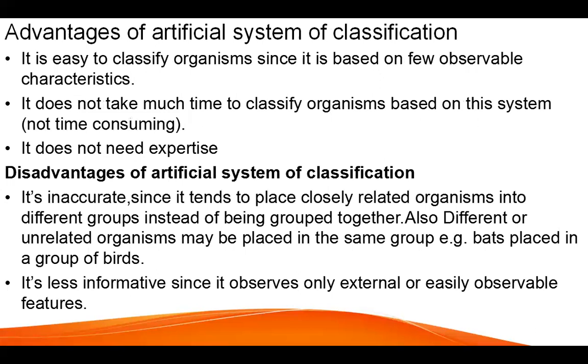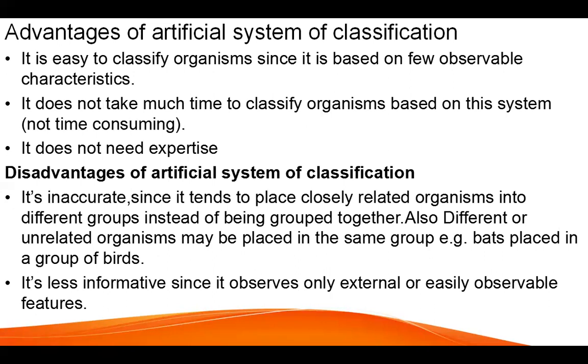The advantages of this type of system are, first, that it is easy to classify organisms since it is based on a few observable characteristics, or only the external features that can be seen by our eyes. The second is that it doesn't take much time to classify organisms, as a person can just observe from his own perspective what features the organism has.